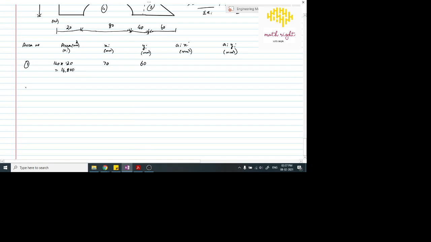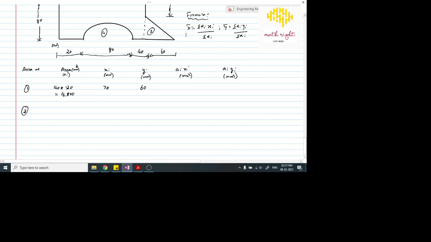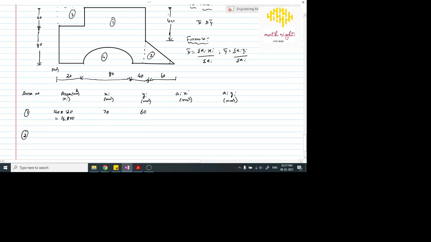Next, let us take area 2. What is the area for a right angle triangle? Half b h. Here b is 60, they had given it directly. For the height, on the left side they had given the total height as 120, but the right side is 100, so this height is 20.